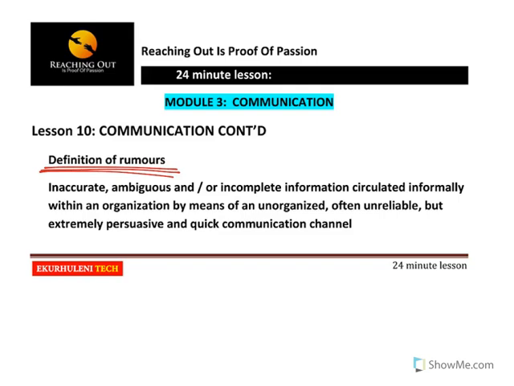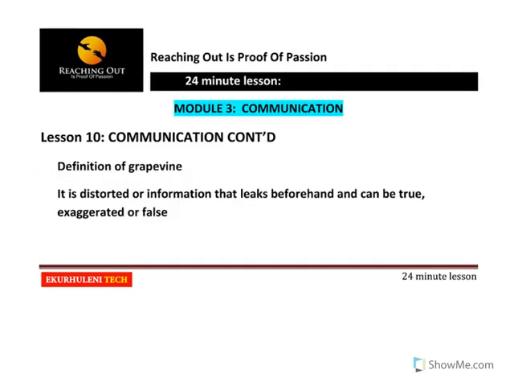Now, by rumor, we mean inaccurate, ambiguous, and or incomplete information circulated informally within an organization by means of an unorganized, often unreliable, but extremely persuasive and quick communication channel. That is what we mean by a rumor.